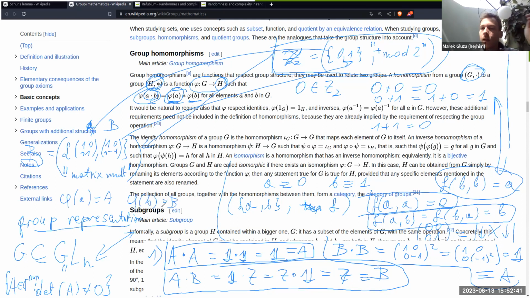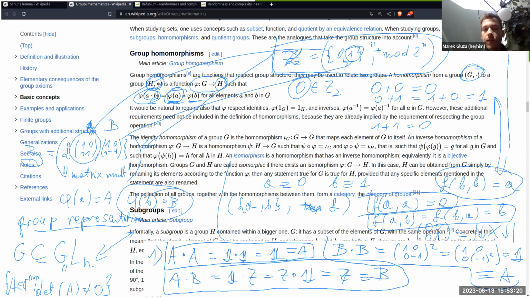Okay, good. So nothing in the chat so far. I think that's fairly clear, which means this association that basically I take the element A, which is 0, and I associate to that element A the matrix identity, and I take the element B, which is 1, and I associate to it Pauli Z. That is a mapping between our abstract group Z2 and a subset of invertible matrices, okay?